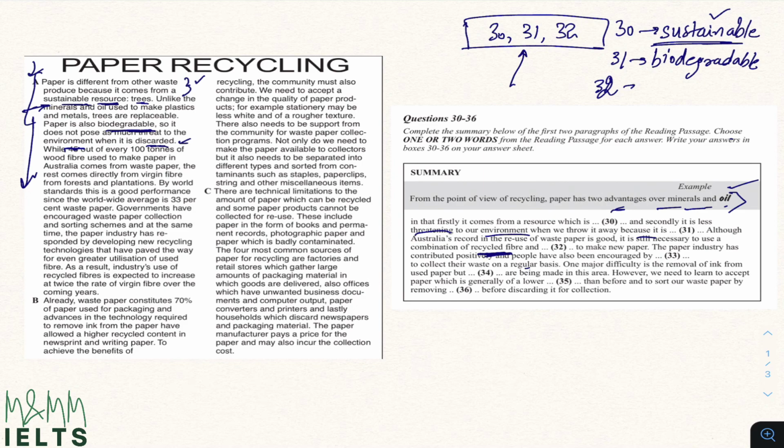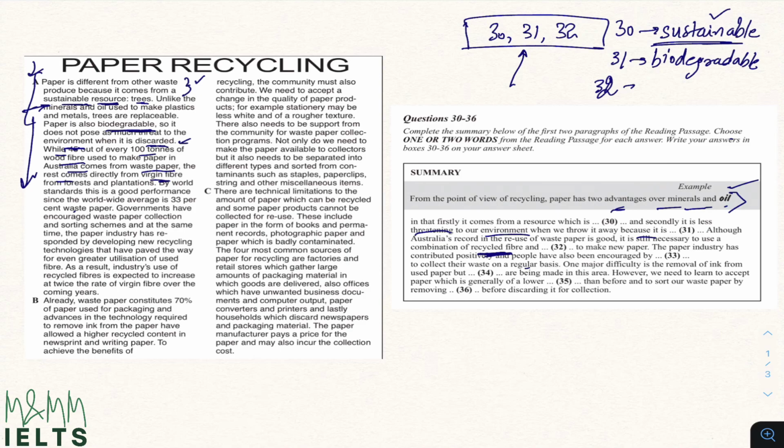The rest come directly from, okay, right now in the next sentence, I'm getting my answer. While 45 out of every 100 tons of wood fiber used to make paper in Australia comes from waste paper, the rest come directly from virgin fiber. So recycled fiber and virgin fiber, that's another one. And what it says after that is a good performance standard since the worldwide average is 33% waste paper.